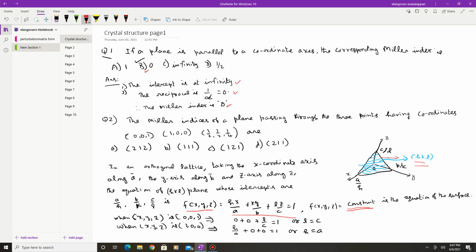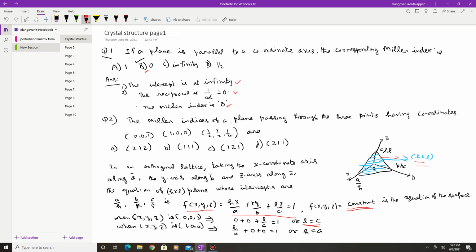Now this surface has a point 0, 0, 1, because 0, 0, 1 is the intercept on the z-axis, but it is a point on the plane. So you substitute x is equal to 0, y is equal to 0, z is equal to 1. From this, by solving, you can find l is equal to c.